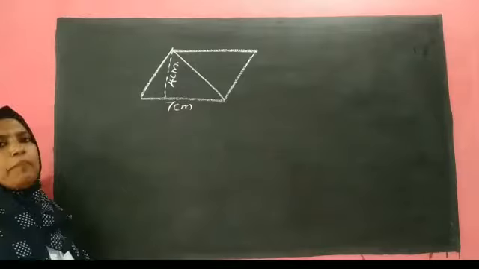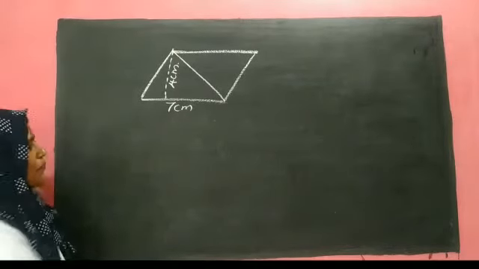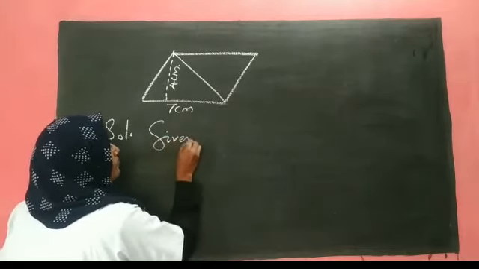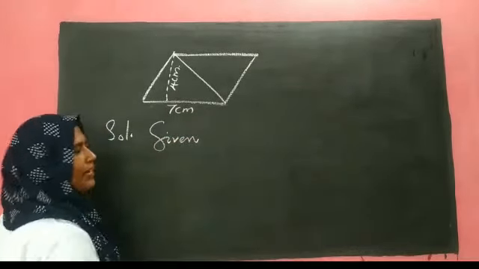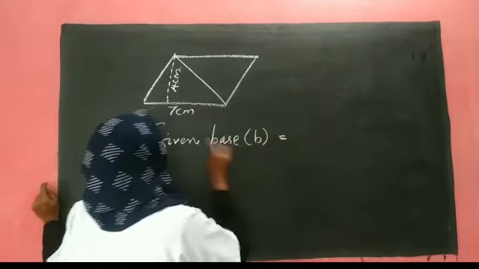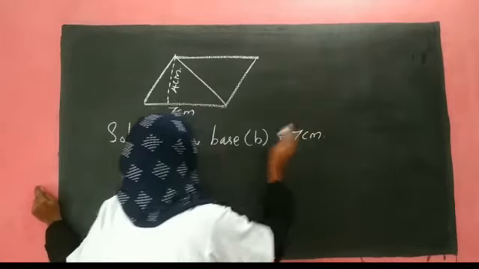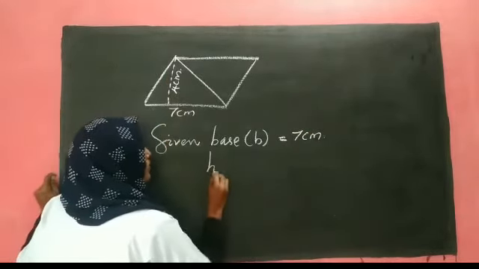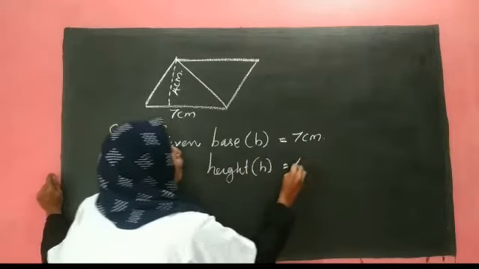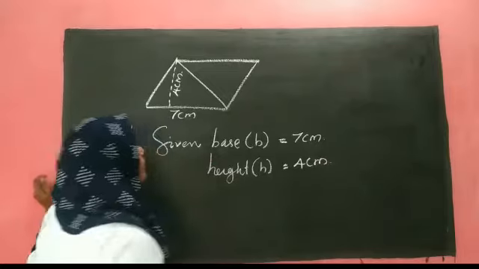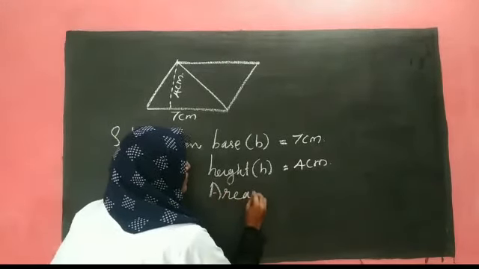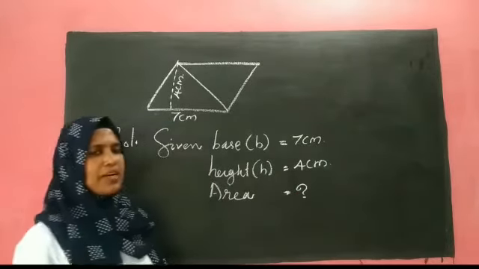Then we have to find out the area of the parallelogram. Given: base of the parallelogram is equal to 7 cm. Then height is equal to 4 cm. We have to find out the area. Area is equal to, put question mark.